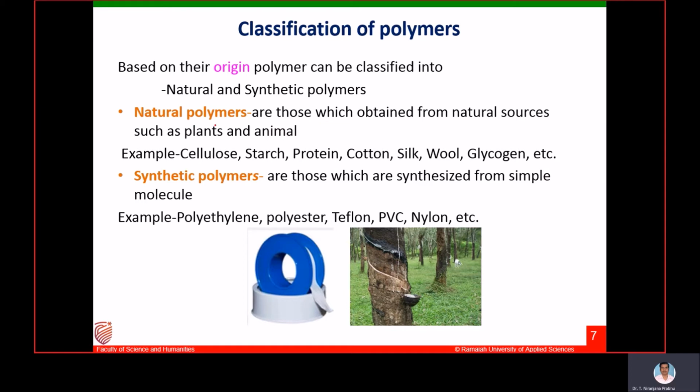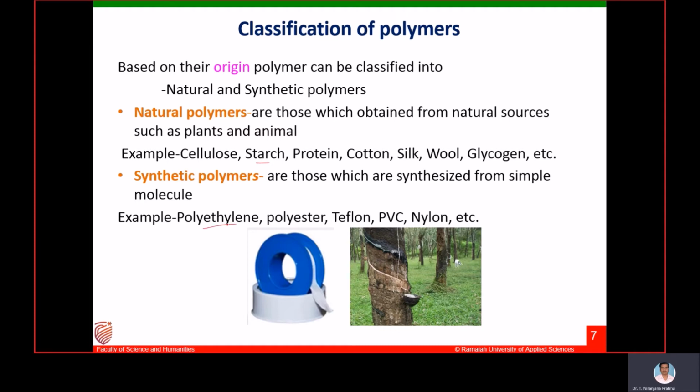I said natural polymers are obtained from natural sources like plants and animals: cellulose, starch, proteins, cotton, silk, wool, glycogen. These are all naturally obtained materials. Then synthetic polymers are those which are synthesized from simple molecules.